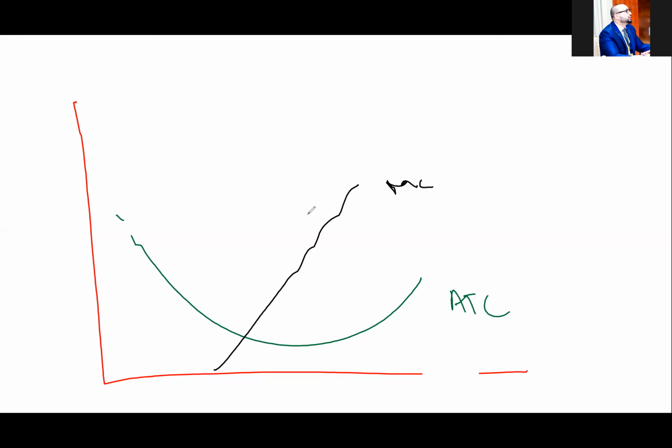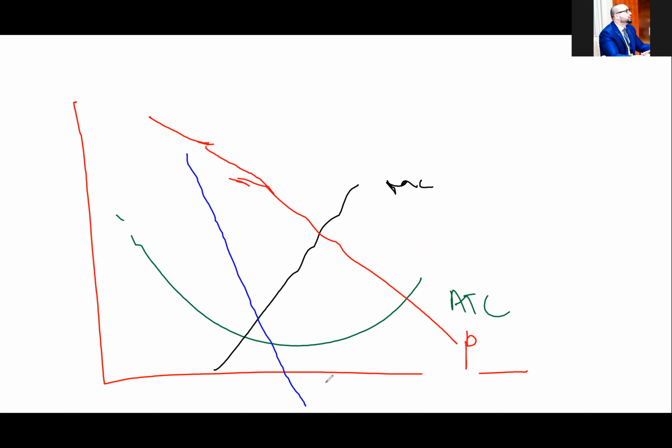Let's draw that. So we have here the demand curve, or we can say just price here. And remember, MR is below the price and can be negative, so I'm intentionally writing down the negative here.